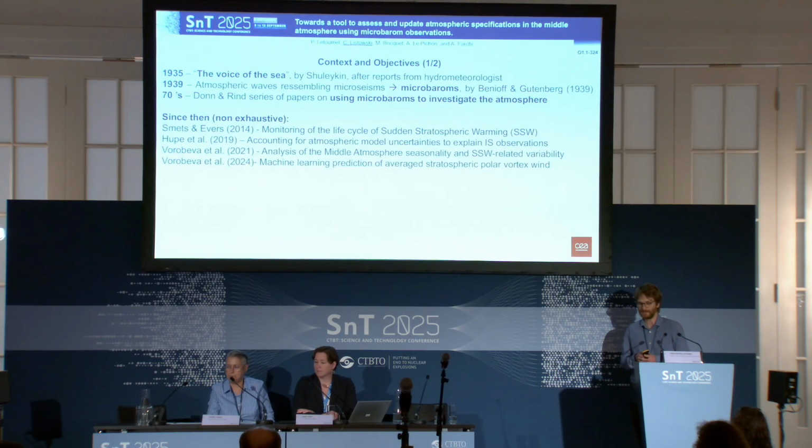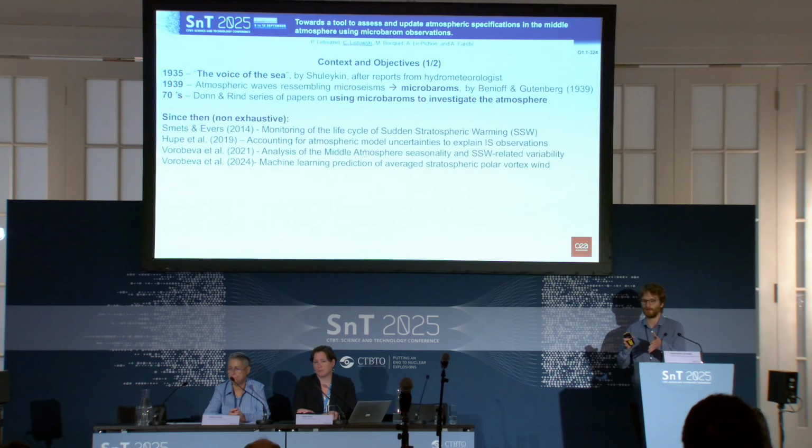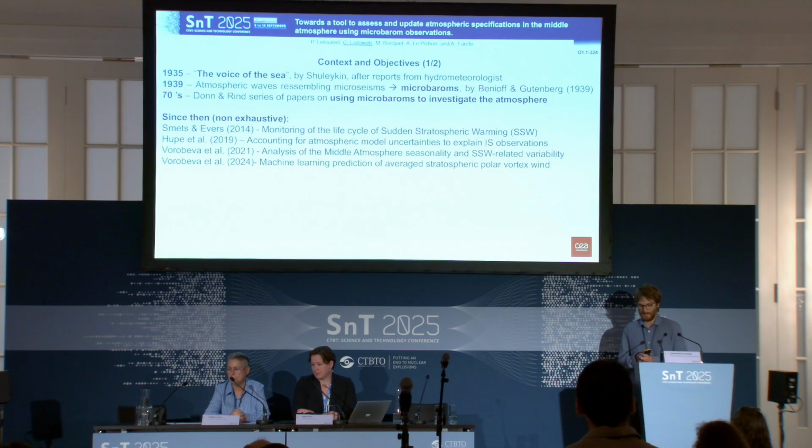Patrick Hupe and colleagues used microbaroms to validate some biases that were first determined by comparing LiDAR measurements to the atmospheric models. And Vorobeva et al., in two different papers at NORSAR, used microbaroms to investigate the state of the polar vortex.